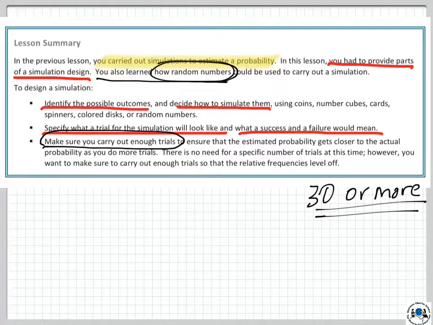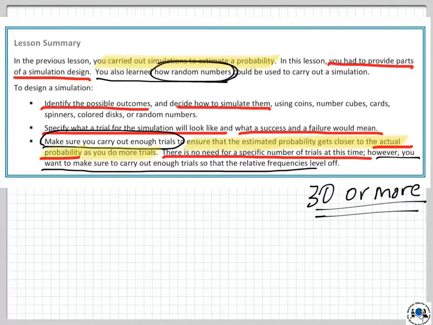You want to ensure the estimated probability gets closer to the actual probability as you do more trials, and that actual probability is more or less the theoretical probability. So there is no need for a specific number of trials at this time. However, you want to make sure you carry out enough trials so that the relative frequencies level off.